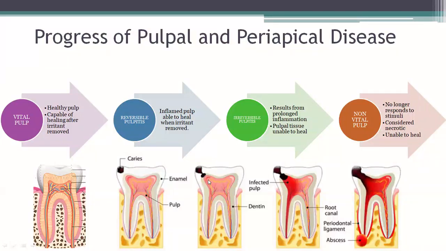We have a tooth that bothers us whenever we eat something very cold or very hot. It's a sweet, lingering pain in the tooth, but it's not strong enough to bother us, so we don't take care of it. And then eventually, as a prolonged inflammation, it becomes an irreversible pulpitis.